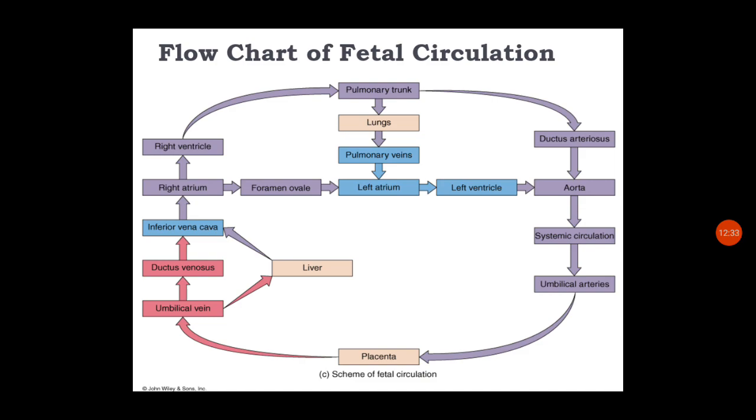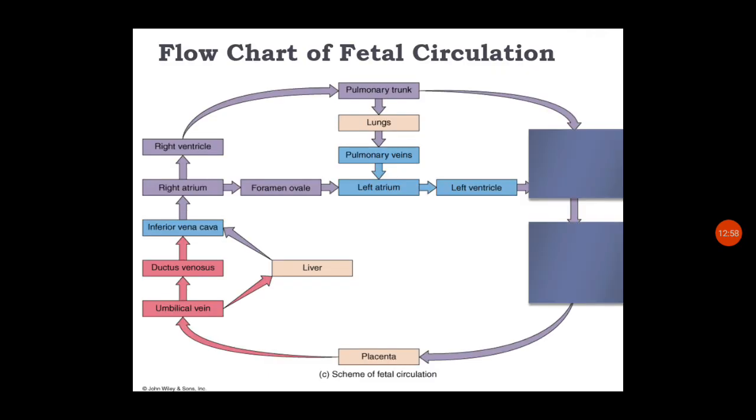Hope you all are clear with this color identification. So the entire fetus except the liver is getting mixed blood, not impure blood, mixed blood with pure and impure blood, which is happening from the inferior caval position onwards. So hope you all are clear with the fetal circulation.